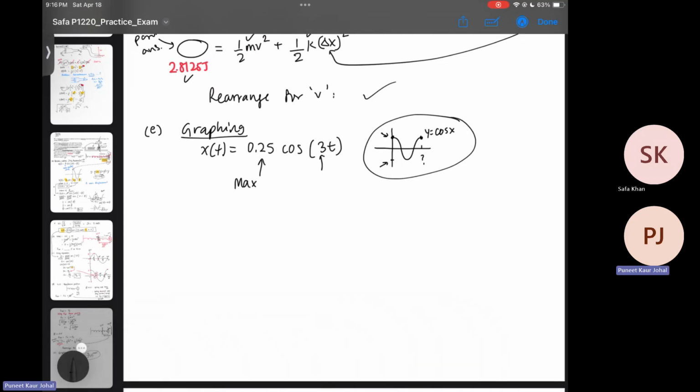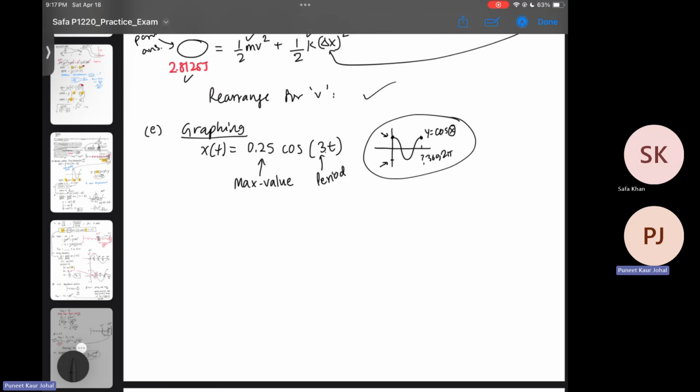When you have these values, the graph will slightly change, because the amplitude affects your max value, and this affects your period. You know how it's usually just 2 pi because the cos graph is 360 degrees long, the period is 360 or 2 pi. That's when this value is just x. So when you have this, it's going to affect your period.